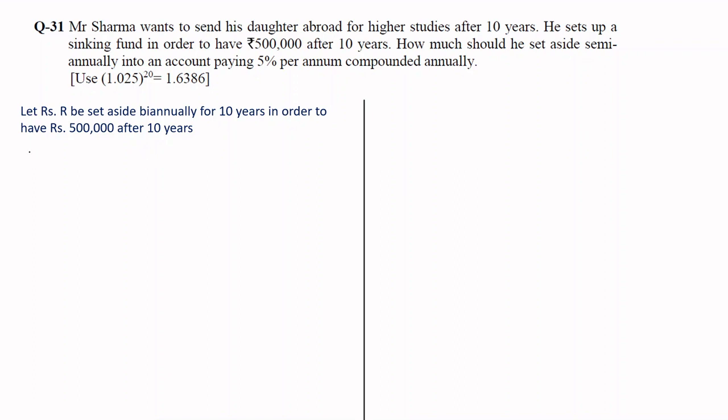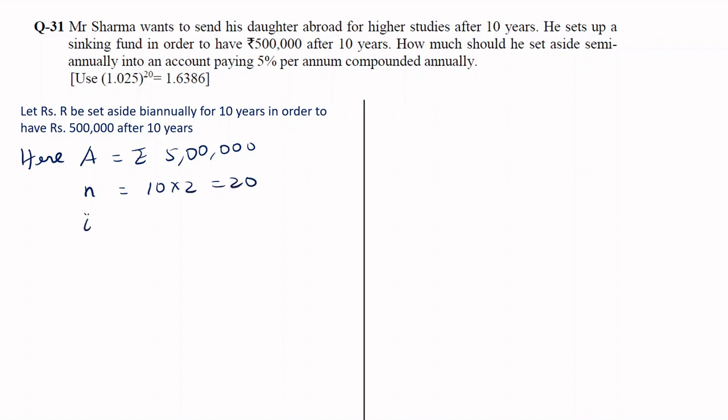So here let us write what is given. Here the amount to be accumulated, it is rupees 5 lakhs. And then the number of payments he sets aside semi-annually for 10 years. So n is 10 into 2, which is 20.